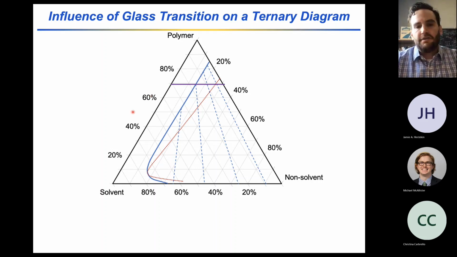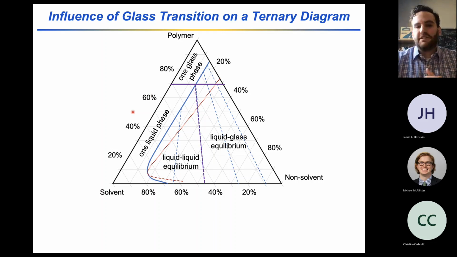And so then we've got, I think, 4 regions on this phase diagram that we can think about. Outside of the miscibility gap, we have one liquid phase if there is less than 70% polyether sulfone in the solution, and one glass phase if there's more than 70% polyether sulfone.